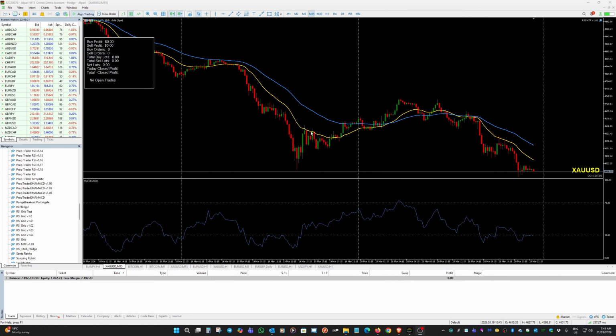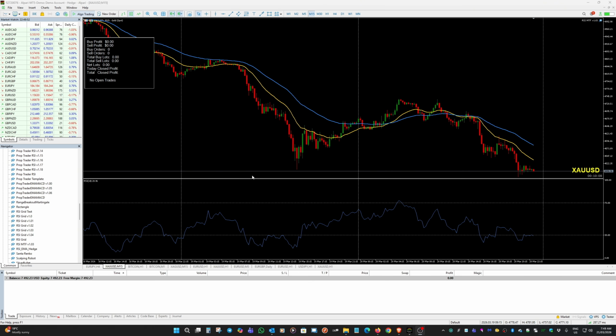So for this expert advisor, let's pick this particular day here. On this day, we are only going to place a trade if the price is below both EMAs. That could be like a 20 and a 50 or a 50 and a 200, that's up to you. But also if the RSI goes to overbought and then comes back down and crosses the line again, sort of like how it has here.